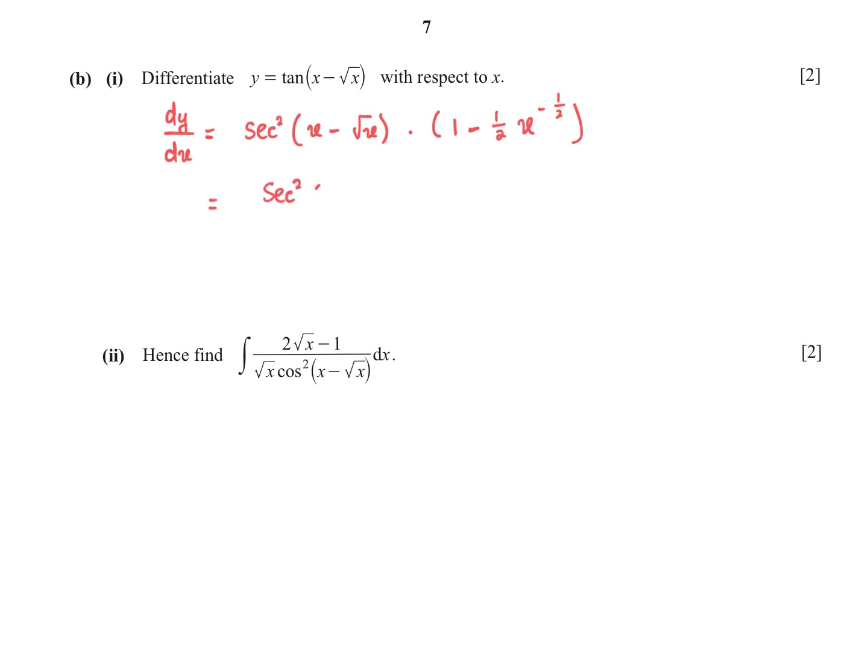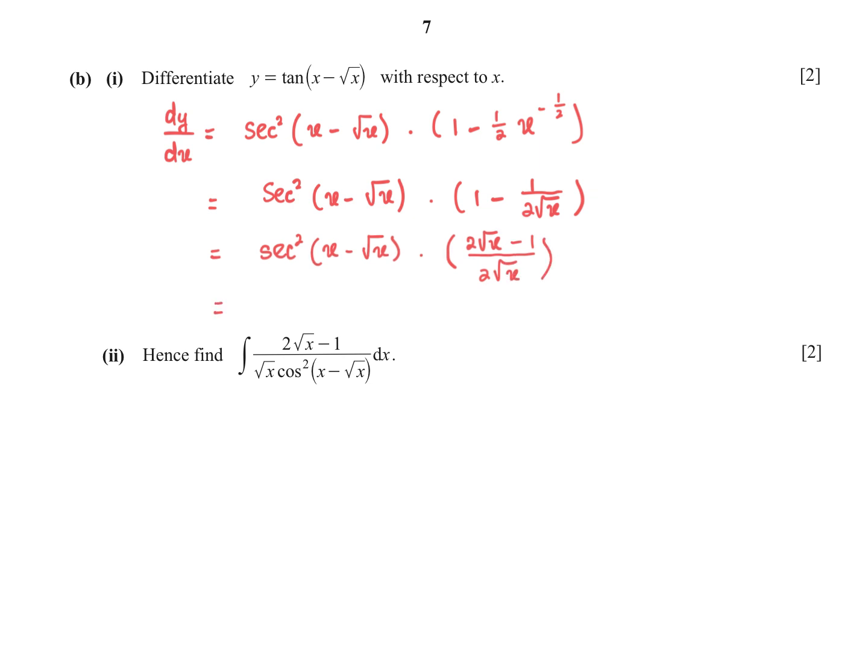Sec squared x minus root of x times (1 minus 1 over 2 root of x). The 2 is in the denominator, and the x I bring down into the denominator. Simplify again: sec squared x minus root of x times, I make denominators equal, (2 square root of x minus 1) over 2 square root of x.